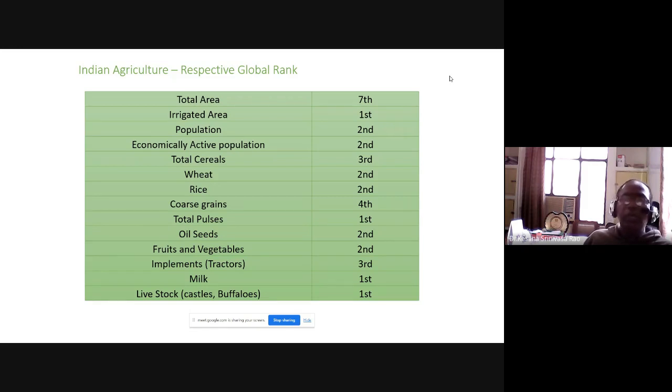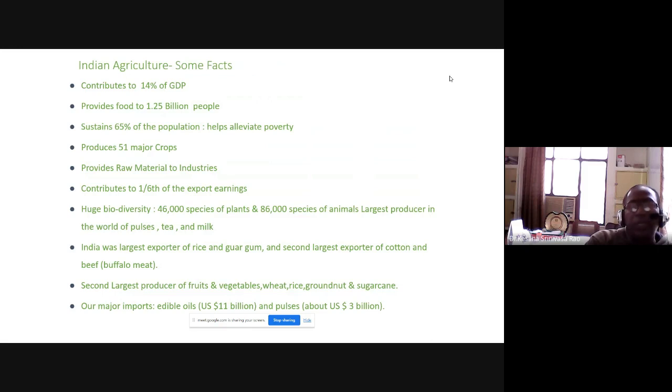Population point of view, as we all know very well, second rank, economically active population is also second rank, total cereals third rank, wheat second rank, rice also second rank, coarse grains fourth rank, total pulses first rank, oil seeds second rank, fruits and vegetables second rank, implements like tractors and other machineries used in agriculture third rank, milk first rank, livestock also we have reached the first rank.